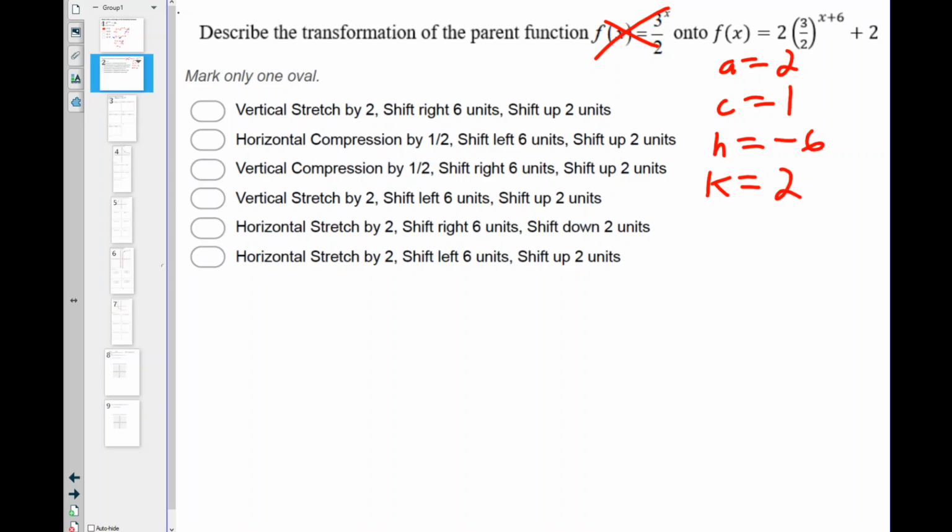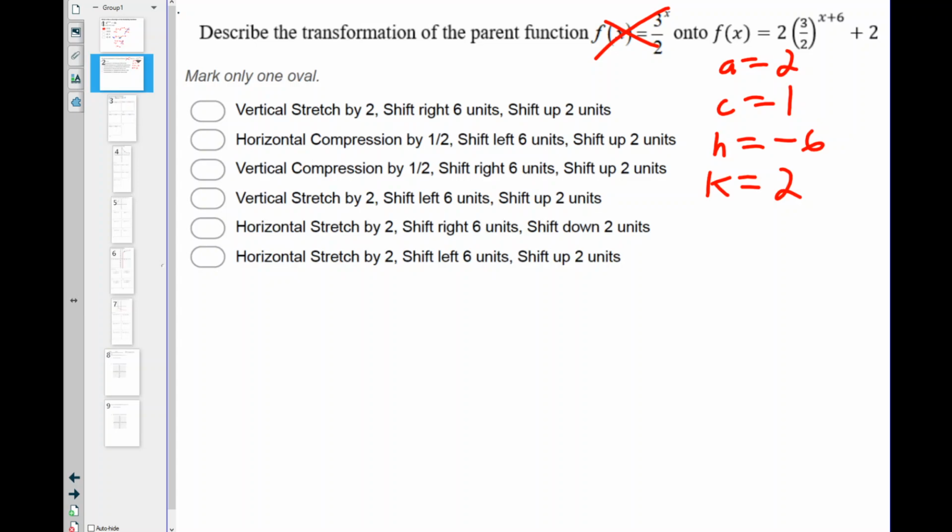So how many total transformations are there here? Yeah, there's 3. What's A doing? Yeah, a vertical stretch by a factor of 2. C's not going to do anything.